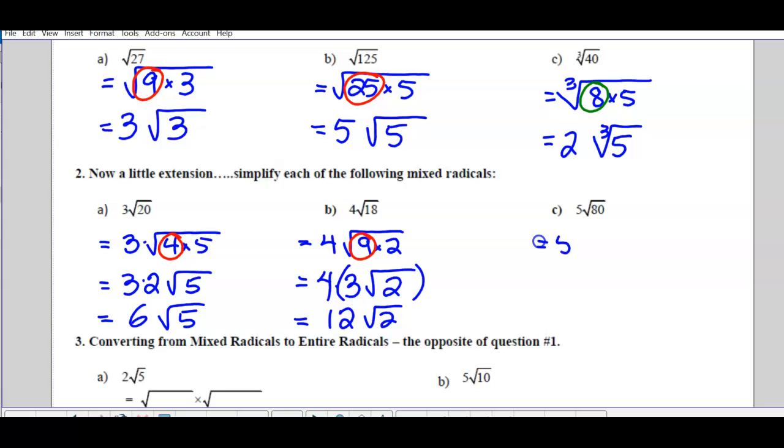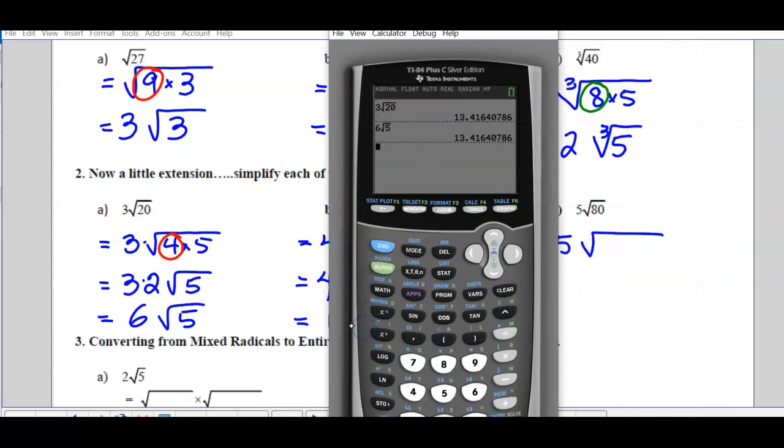Okay, and then 5 root 80. So take a look here. You might think, oh, okay, 4 goes into 80. Okay, it does, but it's not the largest. So 80 is up here. You want to think, okay, does 64 go in? No. 49, no. 36, if you're not sure, you can start trying, right?